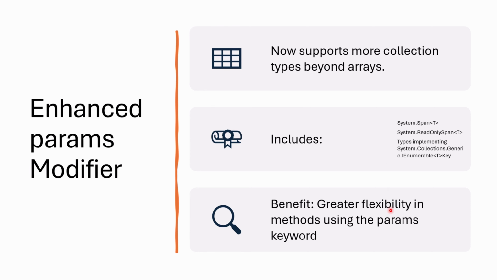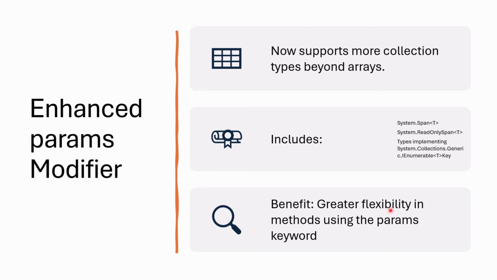These changes provide developers with greater flexibility when passing collections to methods using the params keyword. It allows for more effective and versatile code, especially when working with Span and enumerable collections. Next, we'll write one simple example of how to implement this new params feature.